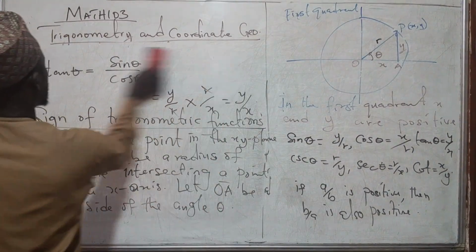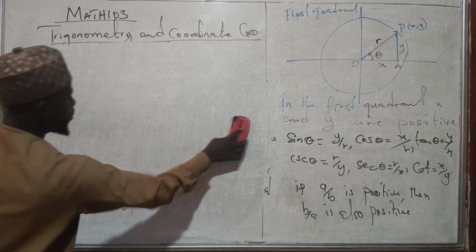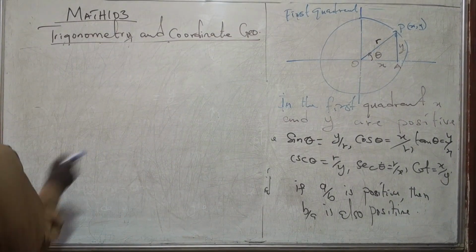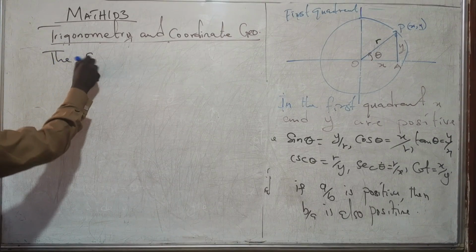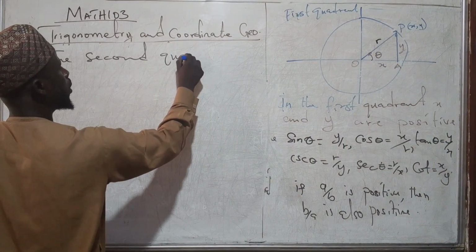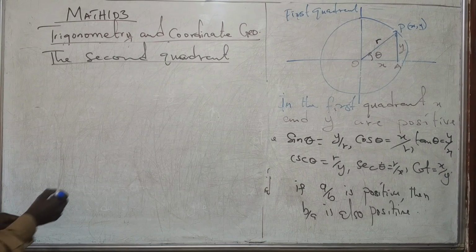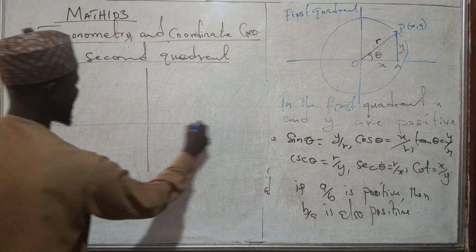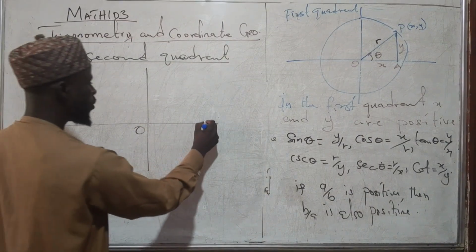So now let's look at theta in the second quadrant. Here is OA.